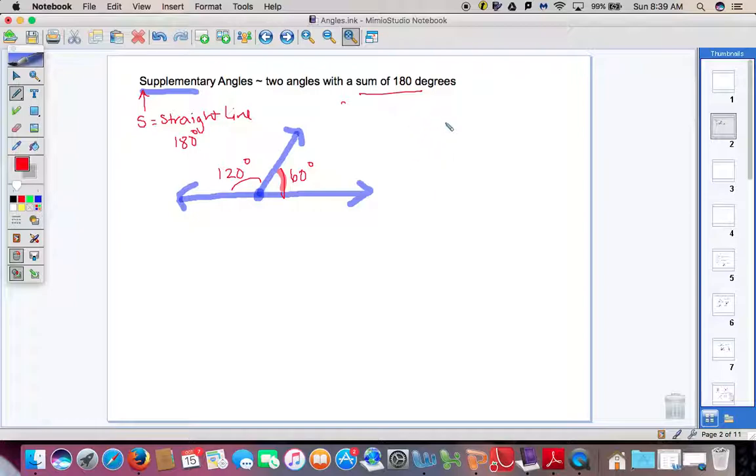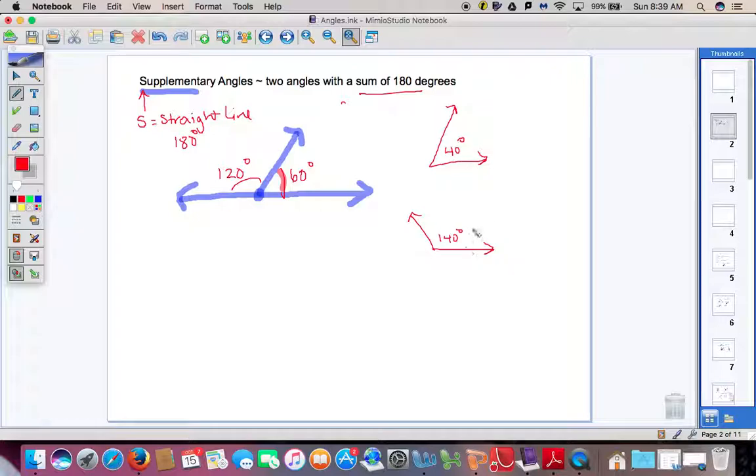If I ask you about these angles here, and my angles aren't going to be exact, I'm not using a protractor or anything to make them, but if I have that this angle here is 40 degrees, and I'm giving you that this angle here is 140 degrees, they're not adjacent angles, but together their sum is 180 degrees.